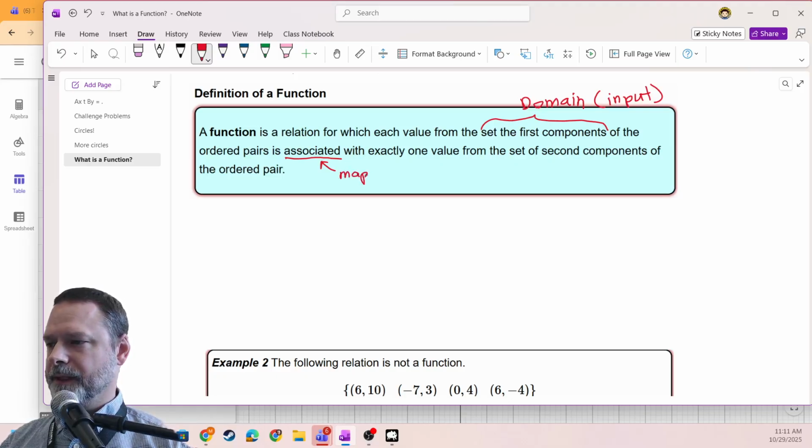There's lots of different ways we can say that.